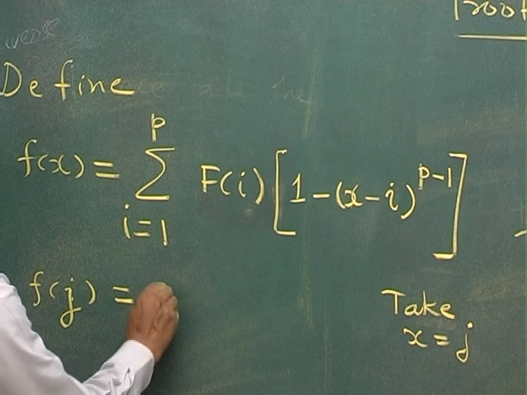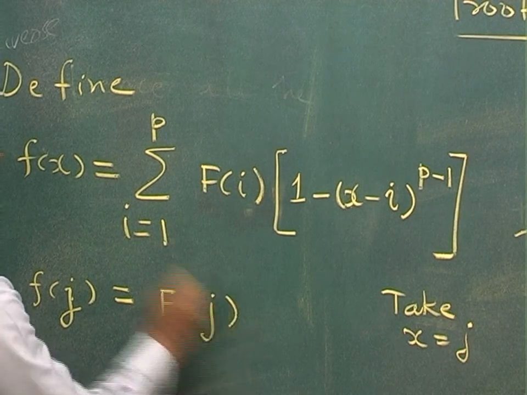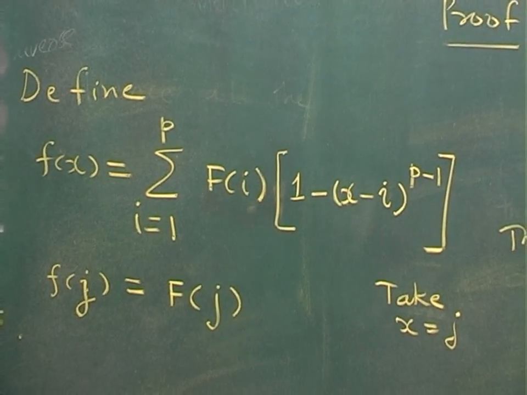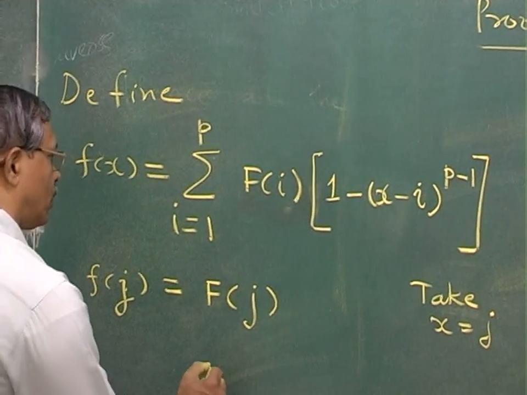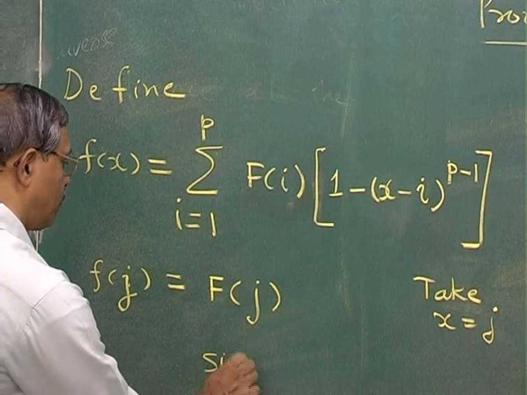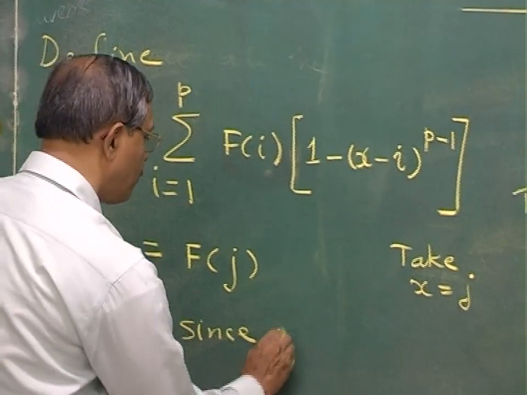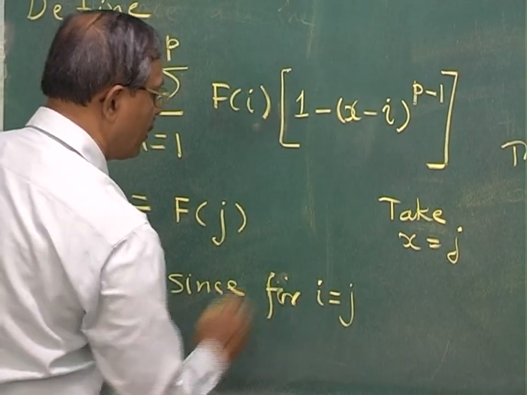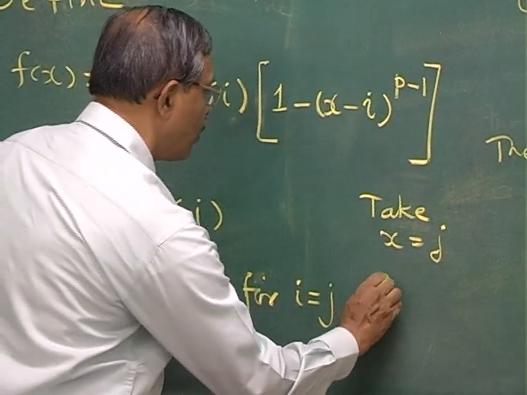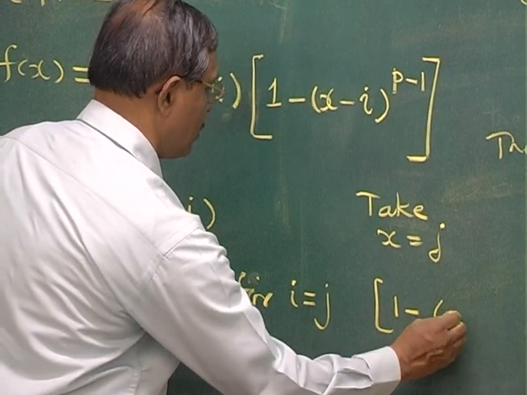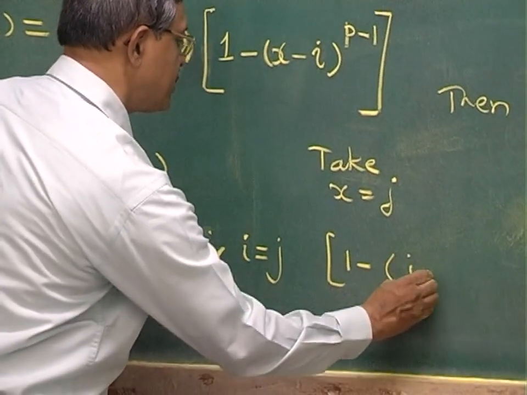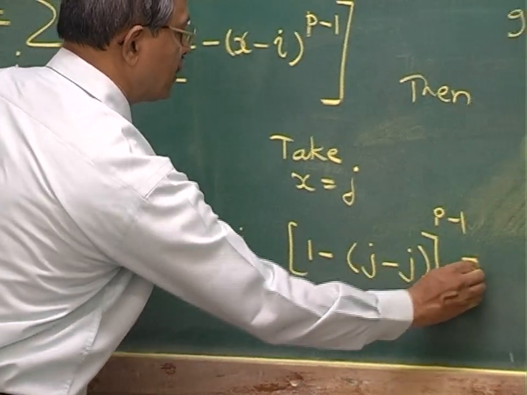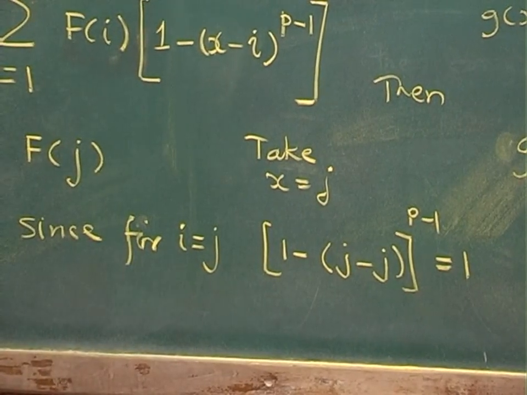So it is f of j, since for i taking the value j, 1 minus (j minus j) raised to p minus 1, that is 1, congruent to 1 mod p.